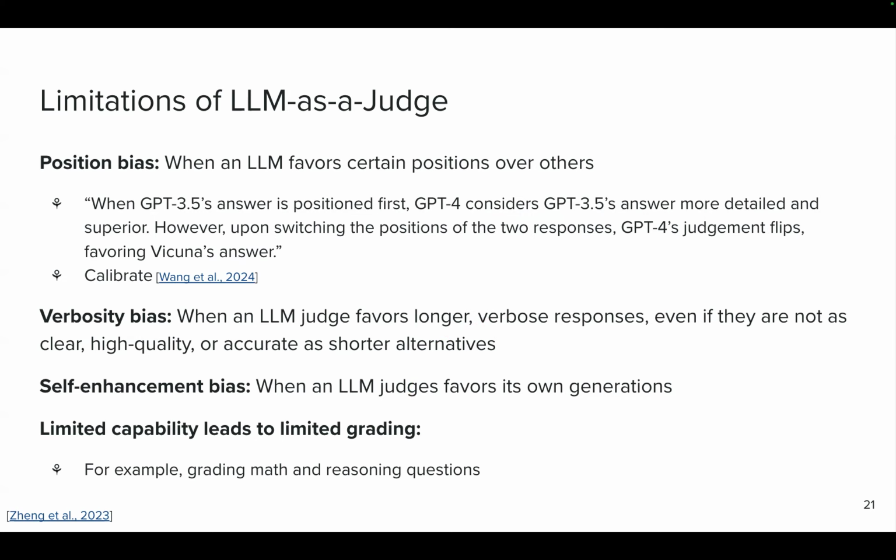So if you give GPT-4 a pair of generations, one created by GPT-4 and another by some other model, it will prefer its own generations. And when models have limited capabilities, for example, LLMs right now are not amazing at math and more complex reasoning, then using them to judge outputs for math and reasoning obviously won't be good either.